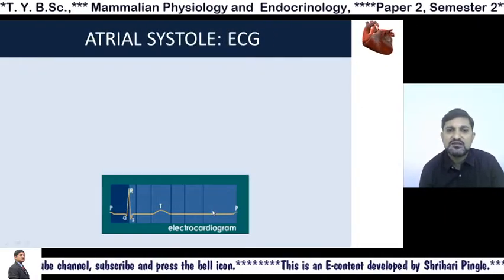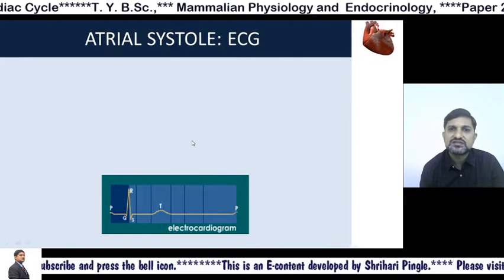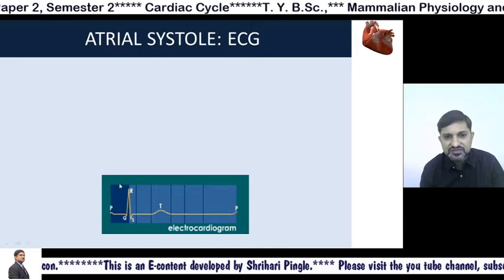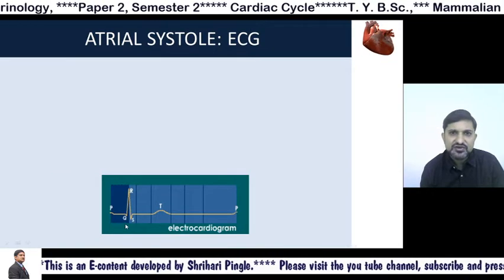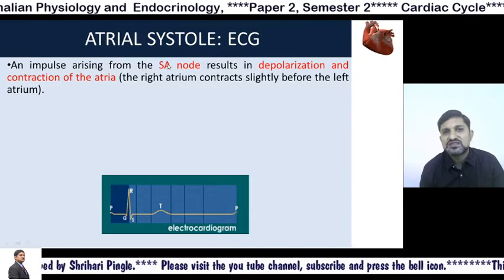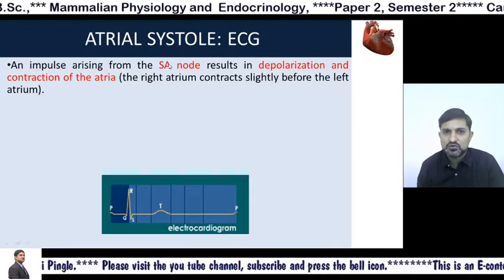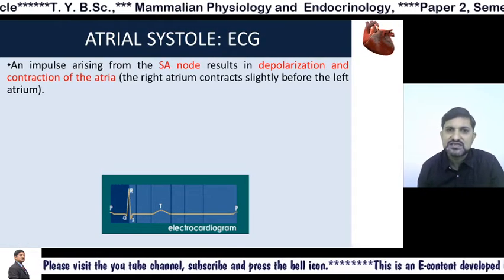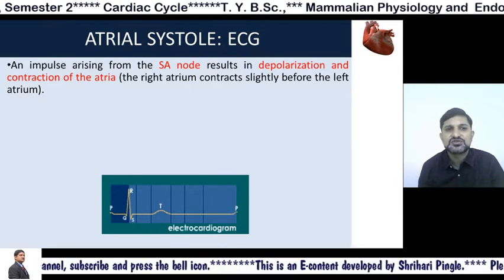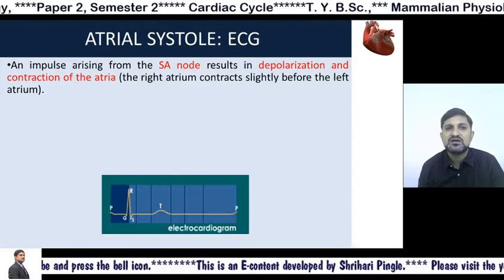Now if you have to see atrial systole in the ECG, this dark blue shaded region depicts the atrial systole. Now, the impulse arising from the SA node, the sino-auricular node, results in the depolarization and contraction of the auricle.